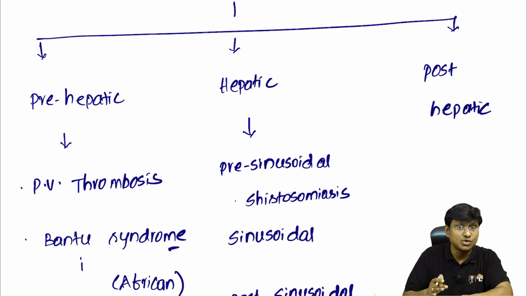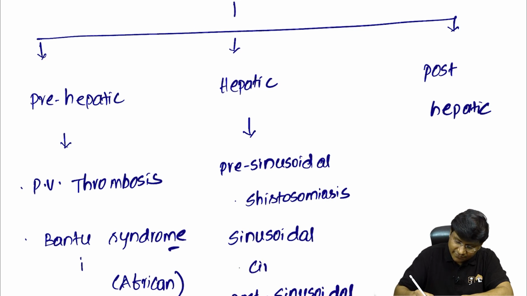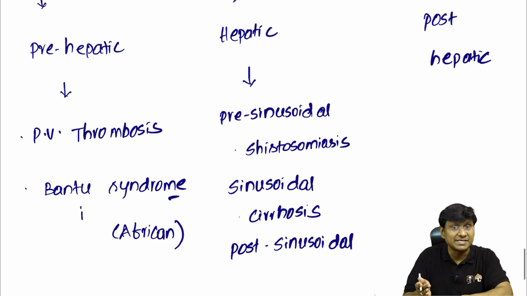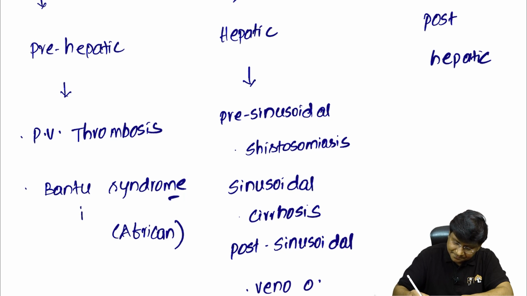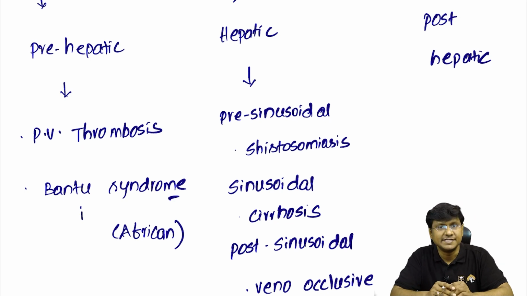Sinusoidal causes are cirrhosis of liver. And the post-sinusoidal causes are radiation or veno-occlusive diseases, right? Okay, these are the hepatic causes.